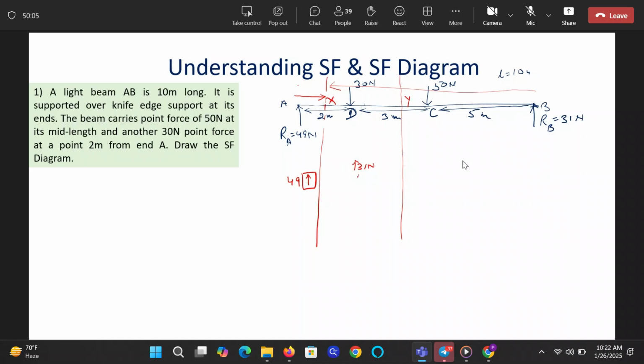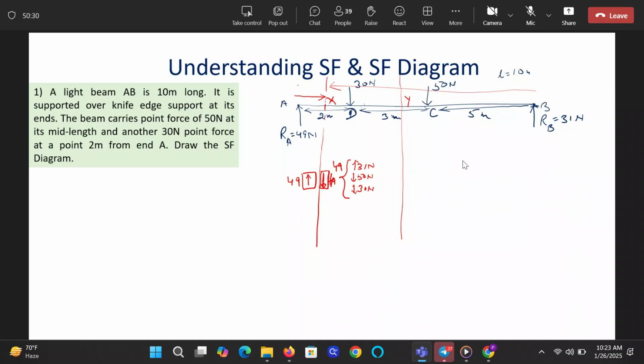Then there is 50 newtons acting downwards. And there is another 30 newtons acting downwards. What is the resultant of these 3 forces? Is it again 49 newtons, and this time acting downwards? Yes or no? Please confirm. Yes, sir. 49.